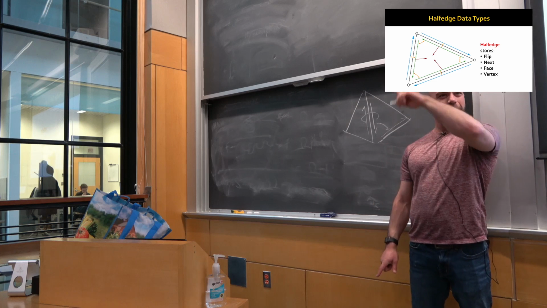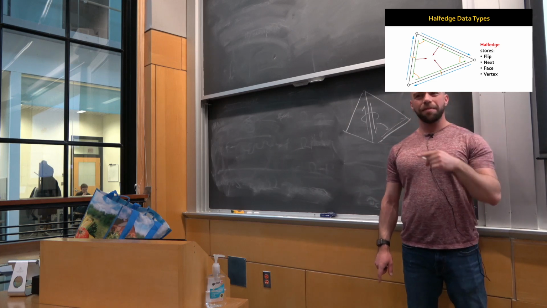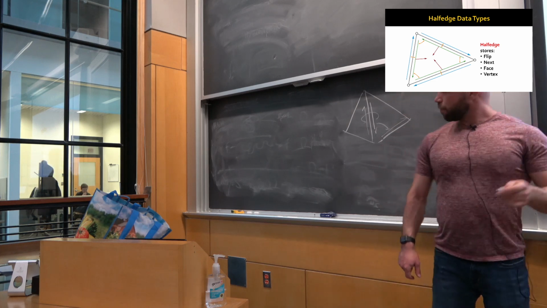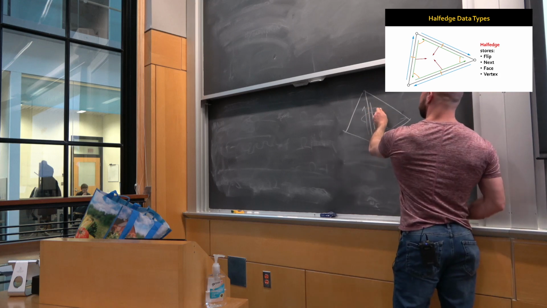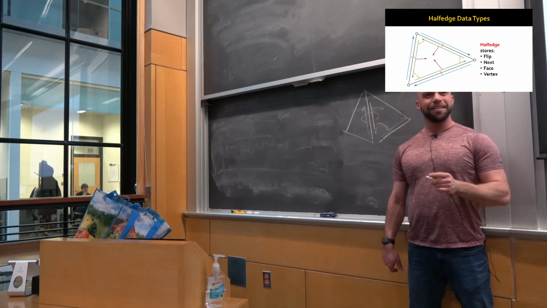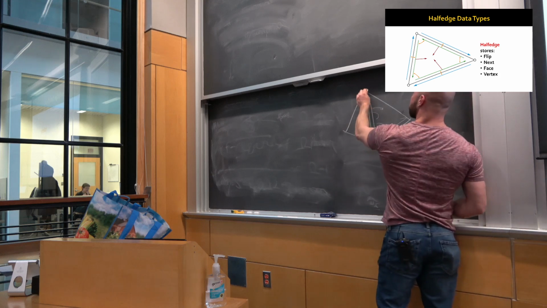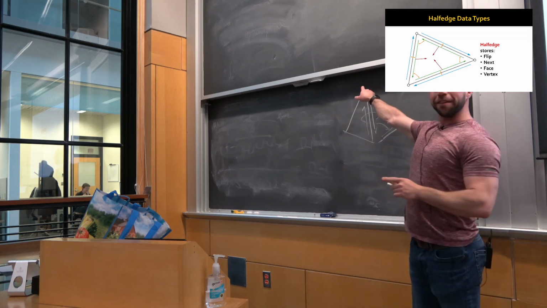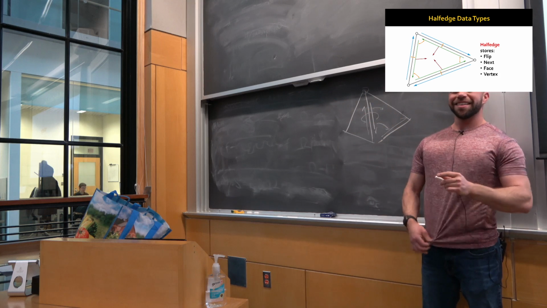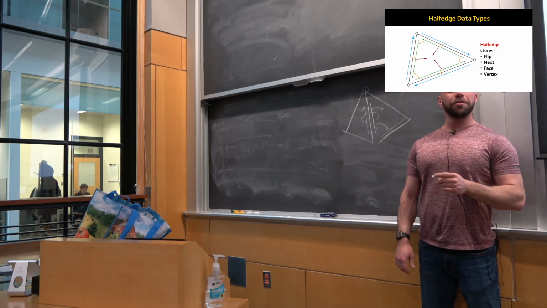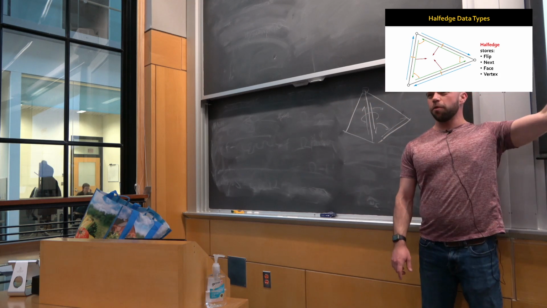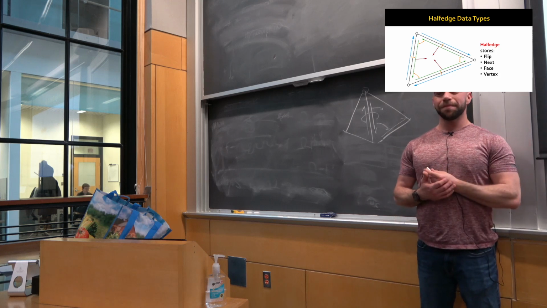It's like rotating around the same triangle. It's going to contain a face pointer, which is just a pointer to whatever triangle it's sitting on. And it's going to contain a vertex pointer, which is a pointer to the vertex specifically at its tail. So just pointer soup every which way. Does everybody understand all these four topological operations here?